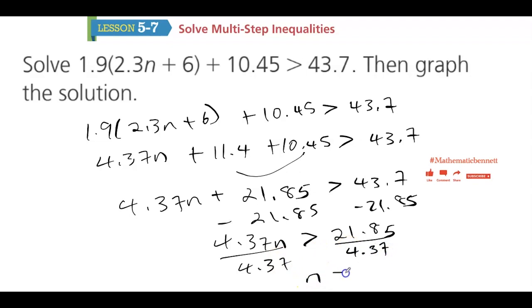And we see that n must be greater than 5. We can put this on our number line. 1, 2, 3, 4, 5. Let's put another point, 6. This is 0, -1, -2. So we put a circle at 5. And since it's just greater than, we don't shade the circle. We leave it open. And we are going to the right.